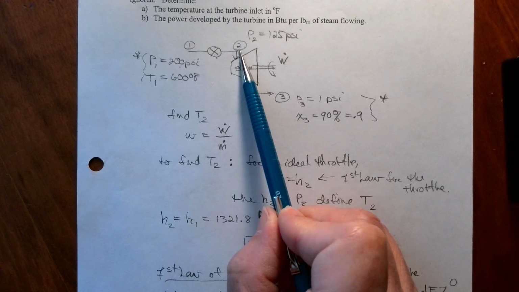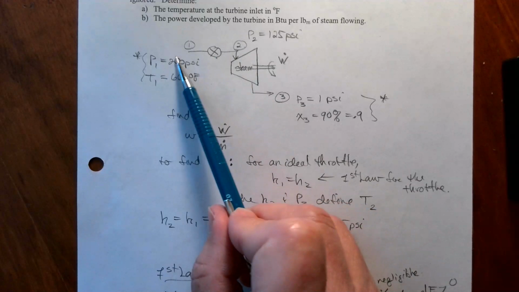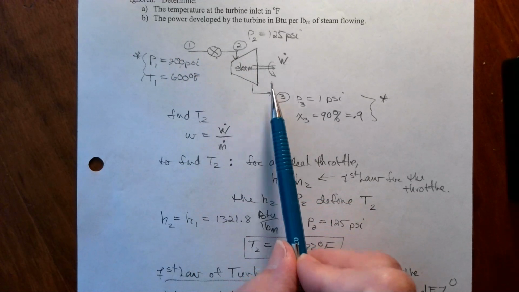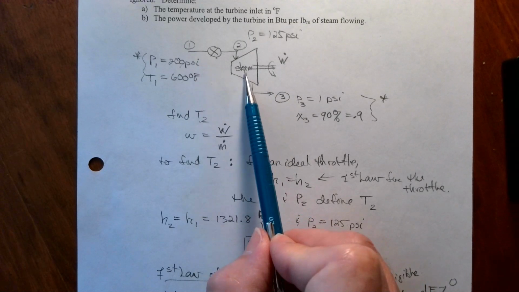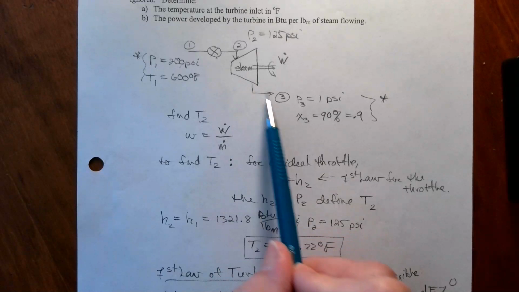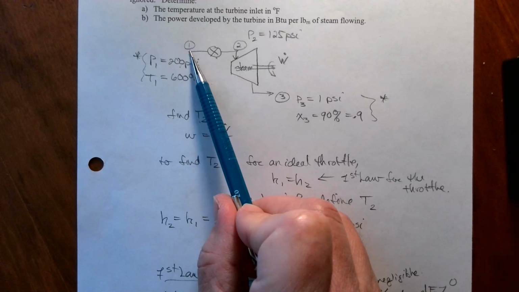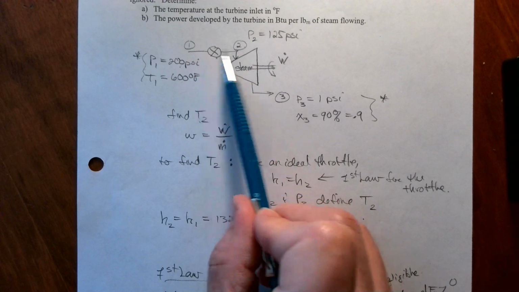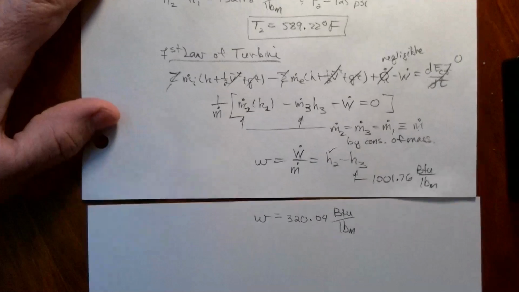The throttle-turbine interface would be internal, so it would not show up in our energy balance. We would still have a single stream, so the same conservation of mass result, but now the power ends up equaling H3 minus H1. Notice that you get the same answer because H2 happens to be equal to H1 in this case. So you get the same answer whichever one you analyze.